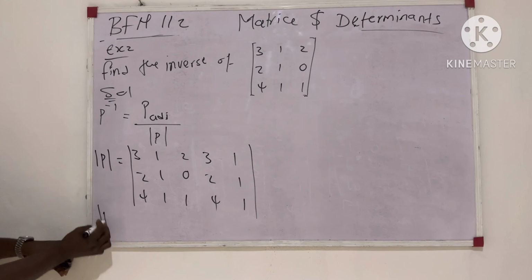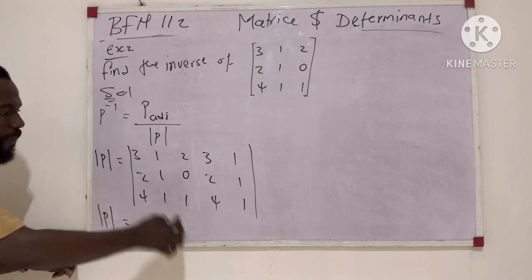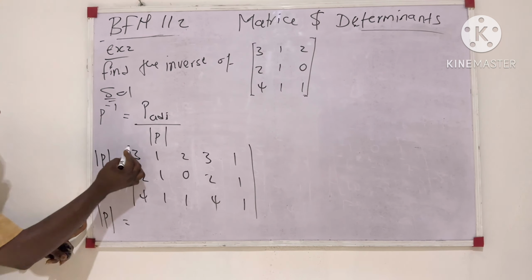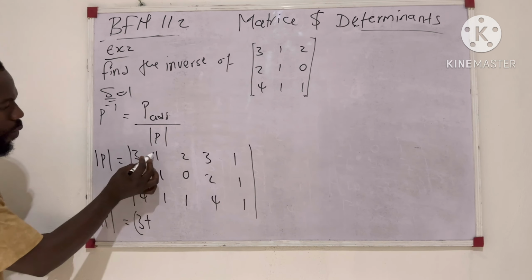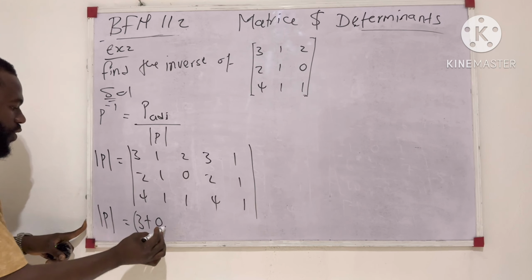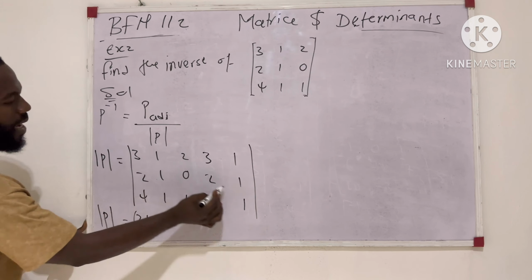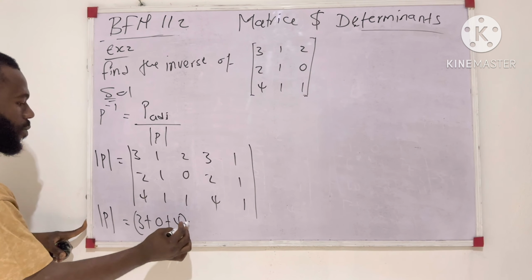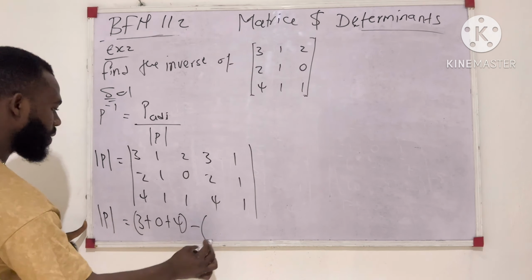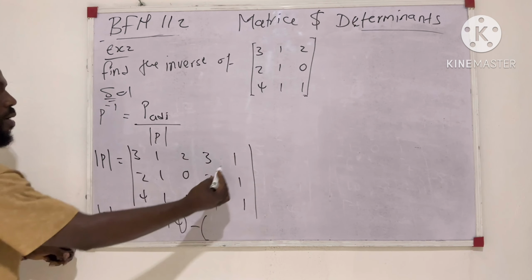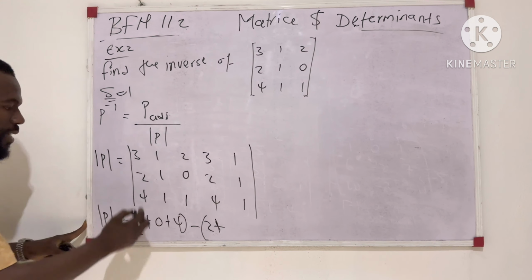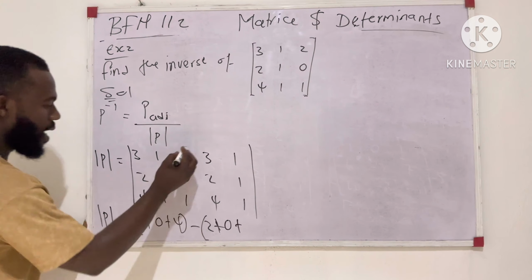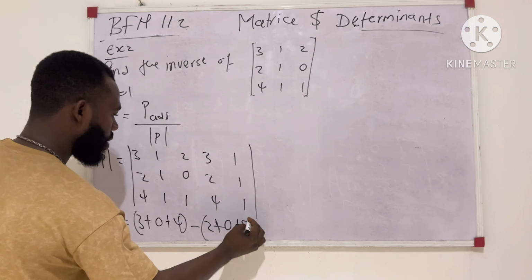Determinant of P now becomes multiplying diagonally: 3 times 1 times 1 will give us 3, plus 1 times 0 times 4 will give us 0, plus 2 times 2 times 1 will give us 4, minus, now we start from our right to the left. 1 times 2 times 1 gives us 2, plus 3 times 0 times 1 gives us 0, and 2 times 1 times 4 gives us 8.